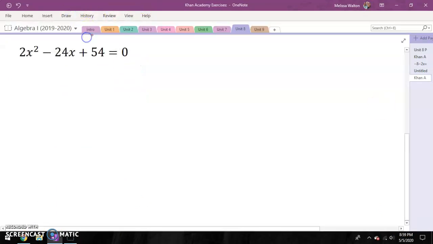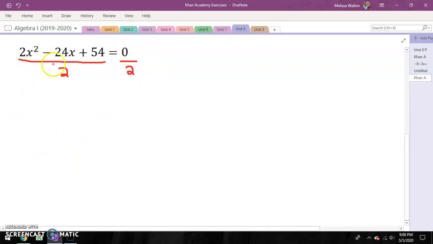First step of this problem, here's what I notice. I have 2x squared minus 24x plus 54. Well, all of those are divisible by 2, so I'm actually going to start this problem off by dividing by 2. And whatever I do to one side, I also have to do to the other. Wonderful.